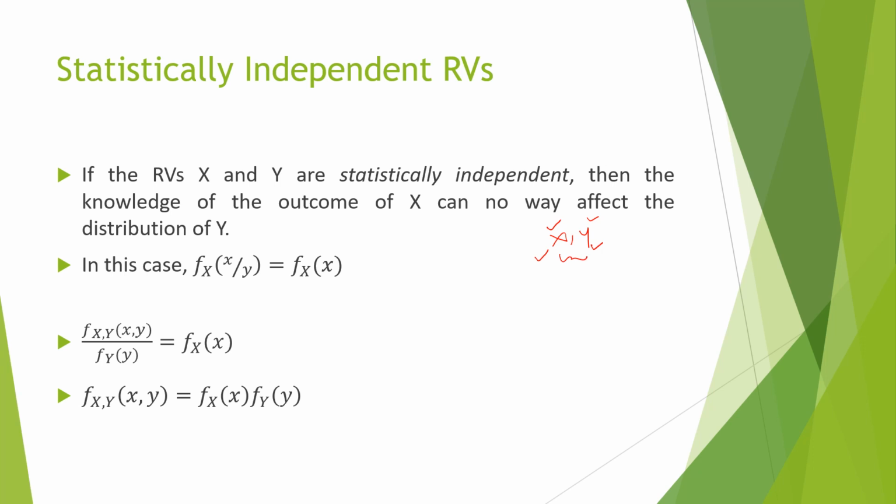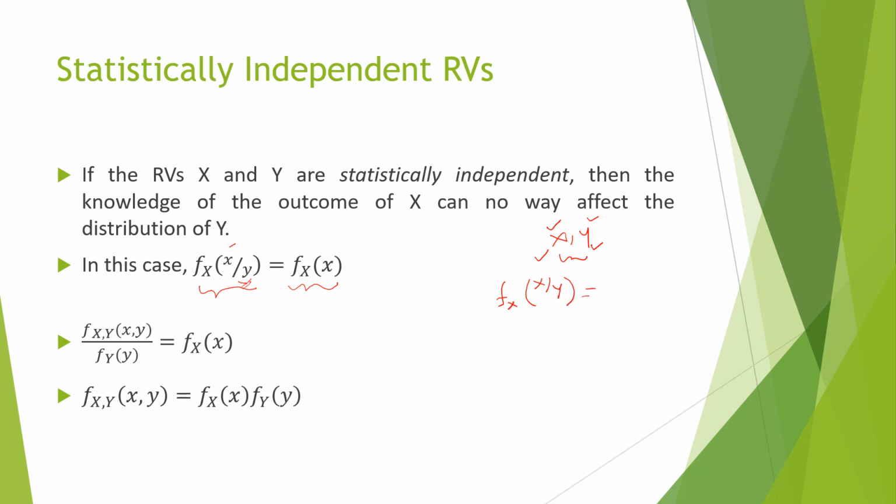Now we go to the definition of conditional PDF. This is the conditional PDF of x given y equal to small y. In this specific case, as the knowledge of y is not giving any information about x, it is simply equal to fX(x).